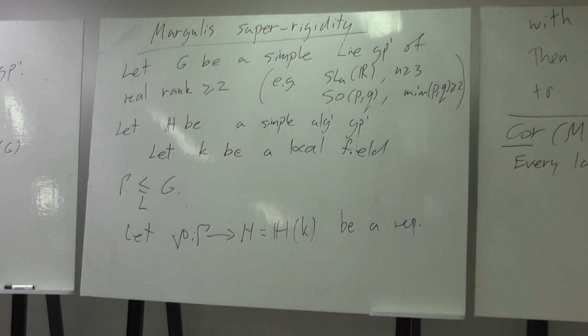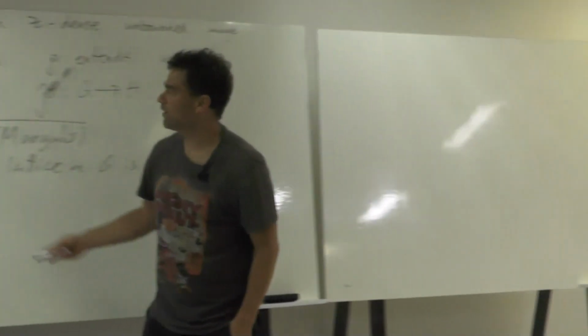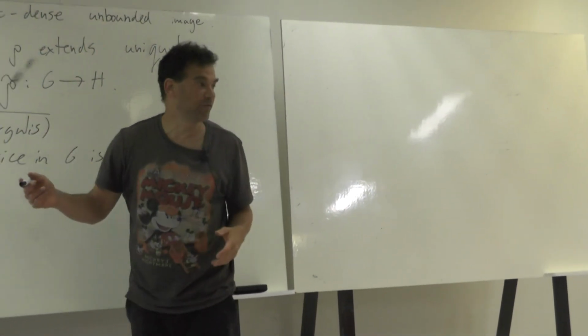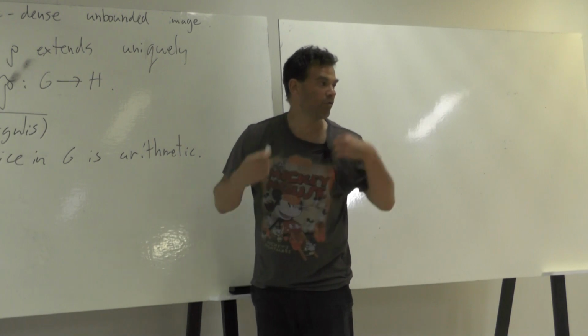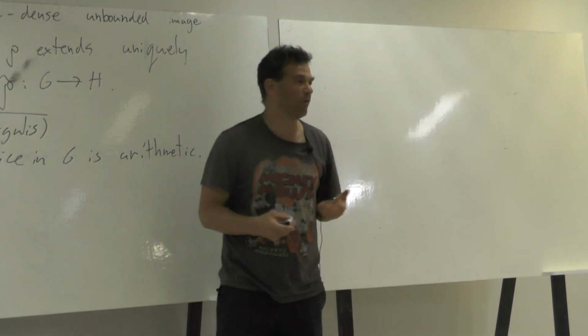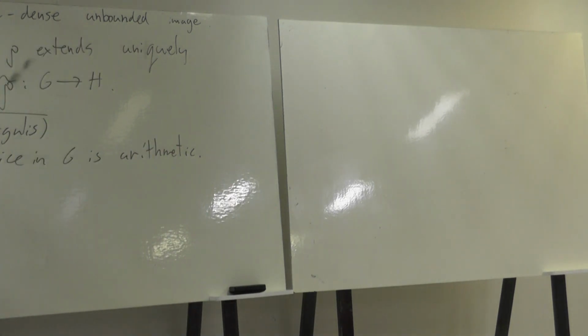You thought there was something very similar, but there was also a finite index subgroup. This finite index subgroup is because I said the assumptions are a bit different. Here I assume that the image is unbounded. Suppose you apply this theorem for SL3Z. So we have a representation of SL3Z into GL_n(R). What can happen?